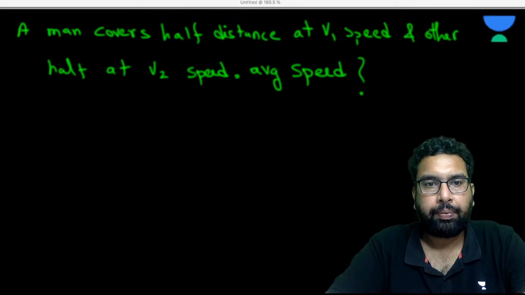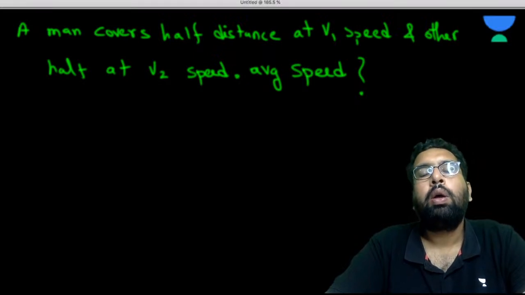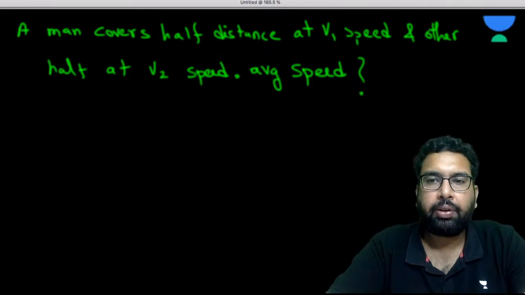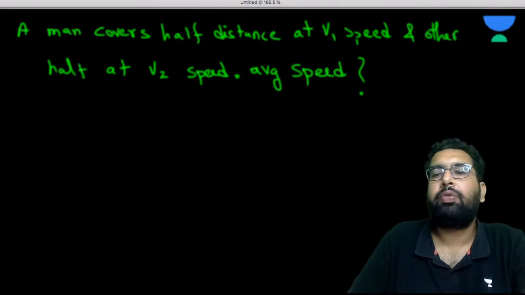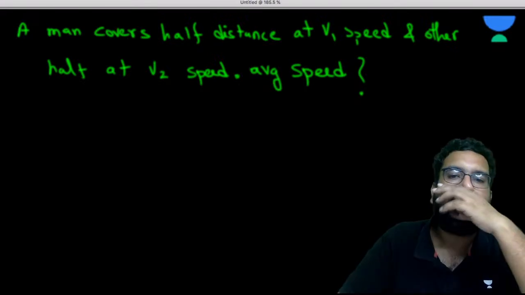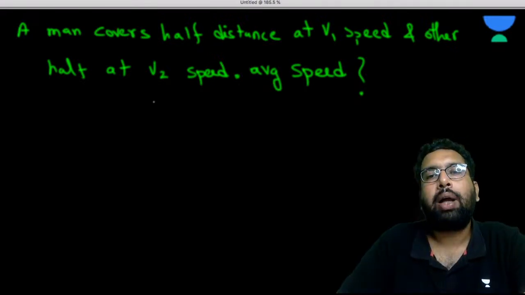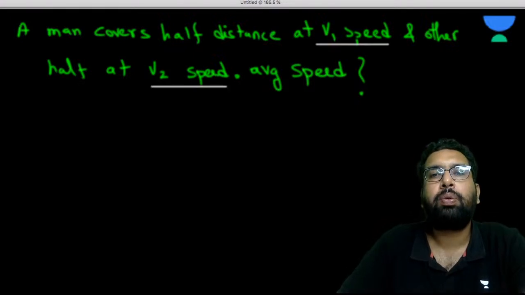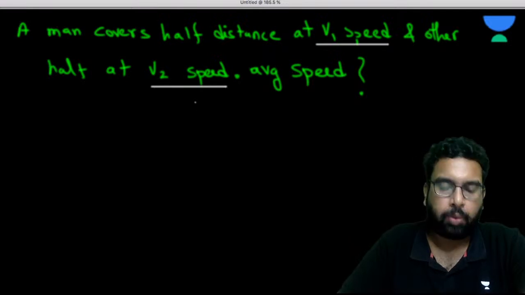Any answer, my dear? Okay, I'll do it. It says a man covers half distance at v1 speed and the other half at v2 speed. So what is going to be the average speed? Again, see, a man covers half distance at v1 speed, other half at v2 speed. Now what is going to be the solution here?